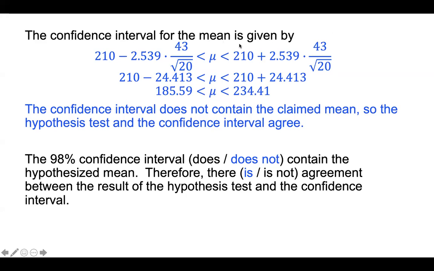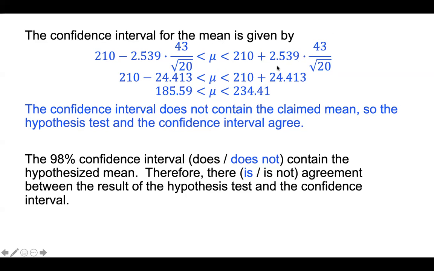So the confidence interval for the mean is given like this: x bar minus t times s divided by square root of n, less than mu, less than x bar plus t, the critical value, times s divided by square root of 20. We calculate this confidence interval, and 236 is not in it.